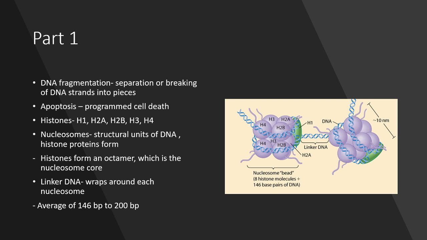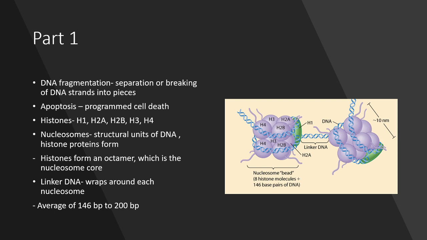Proteins such as H2A, H2B, H3, and H4 get together and form an octamer, which is two of each of these proteins. They form the nucleosome core, which DNA wraps around.